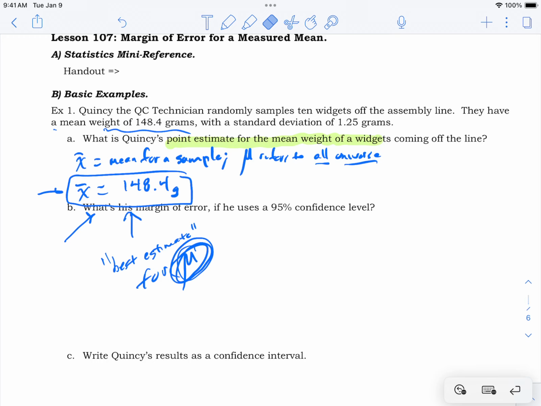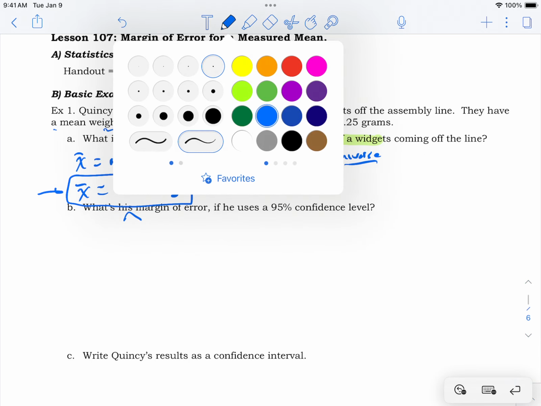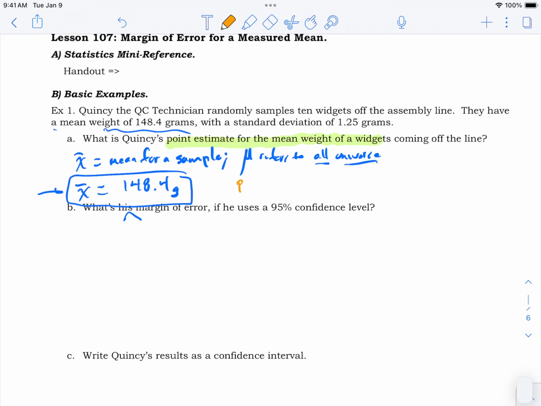Anyway, while I'm talking xbars and mu's here, I might as well point out, maybe in a different color to distinguish this, S is the standard deviation of the sample, and they're telling us 1.25 grams.